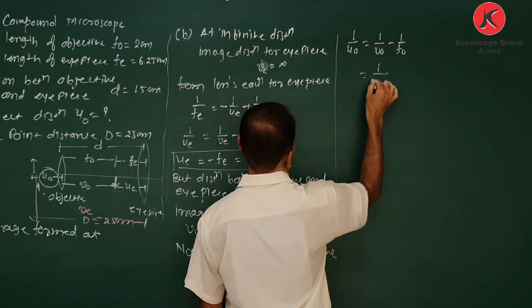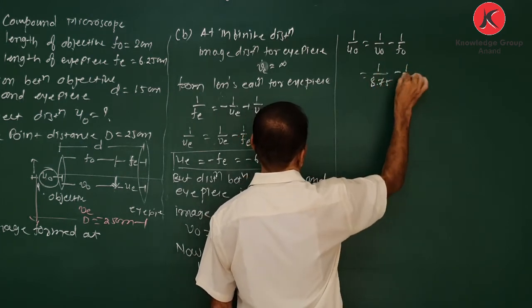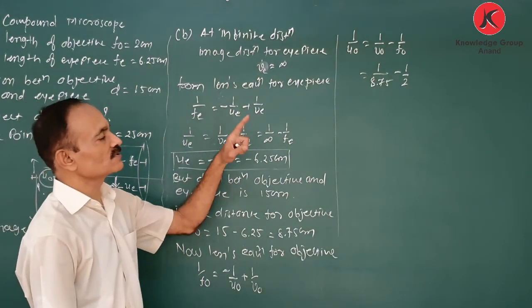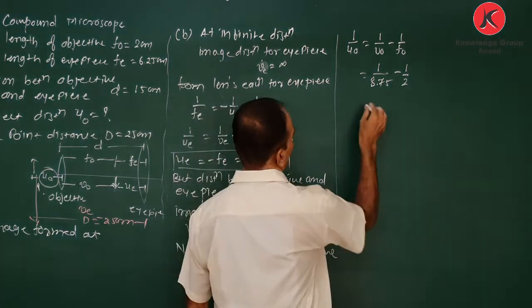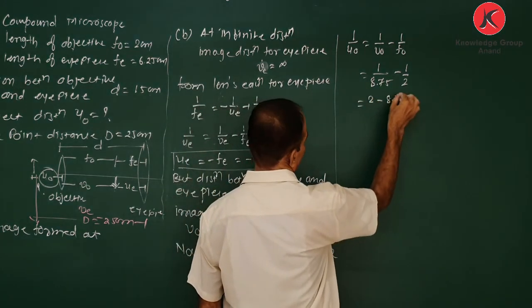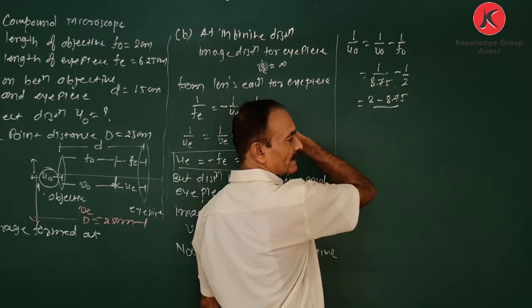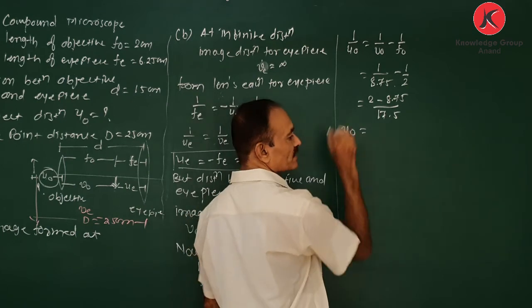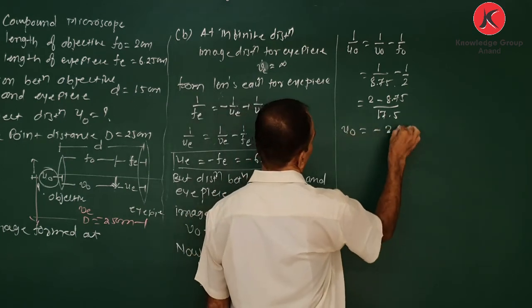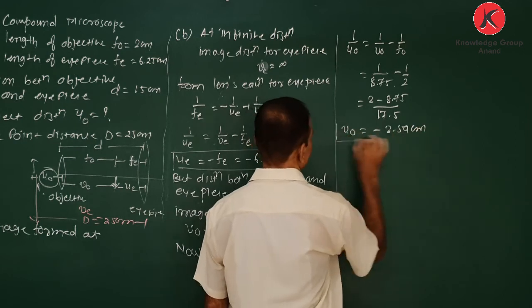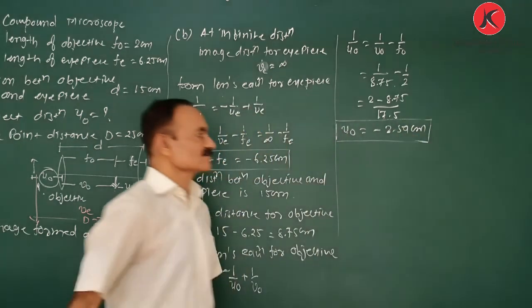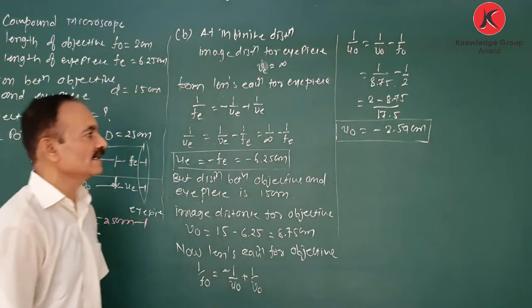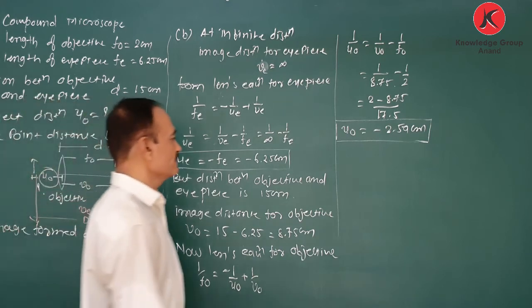So it is equal to 1 upon 8.75 minus 1 by 2, because FO is equal to 2 centimeter is given. Therefore, 2 minus 8.75 upon 2 into 8.75, 17.5. Therefore, we obtain U0 is equal to minus 2.59 centimeter. So thus the distance of the object from the objective is obtained, that is 2.59 centimeter.